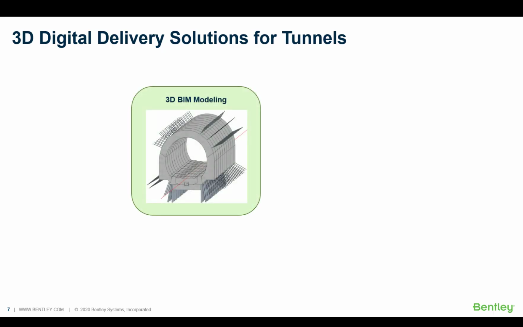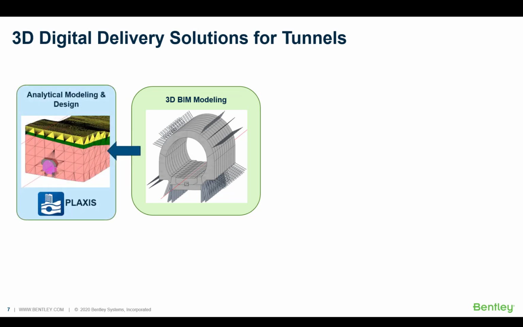OpenTunnel Designer enables users to create 3D physical modeling of tunnel, reinforcing and excavation, from where the geotechnical analytical model is directly extracted into Plaxis without any need of scripting.